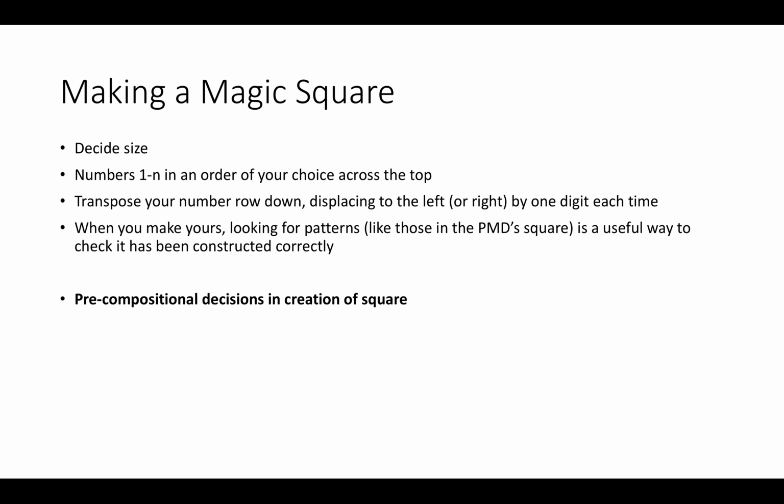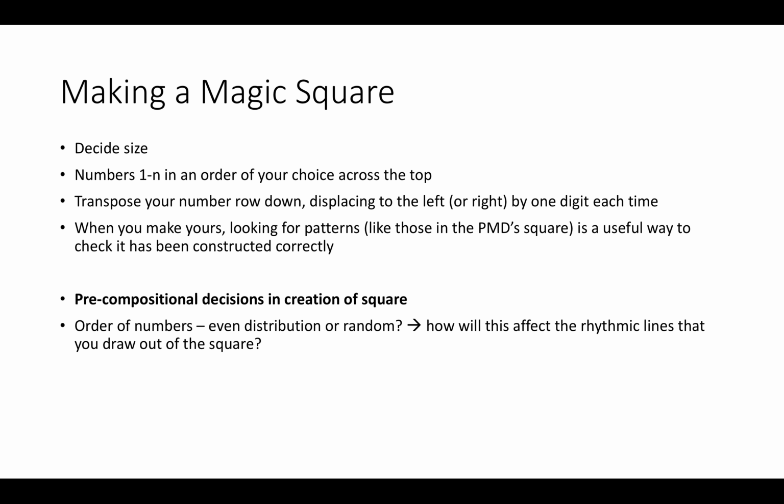So, what are the pre-compositional decisions in the numerical creating of a magic square? Well, one possibility is what order do you put your numbers in? If you're going to be reading the rhythms of this square at a later date, can you distribute your numbers to create a certain pattern that is desirable compositionally?